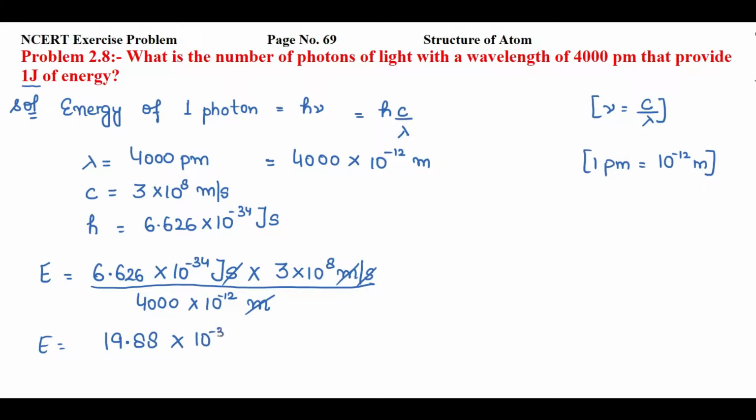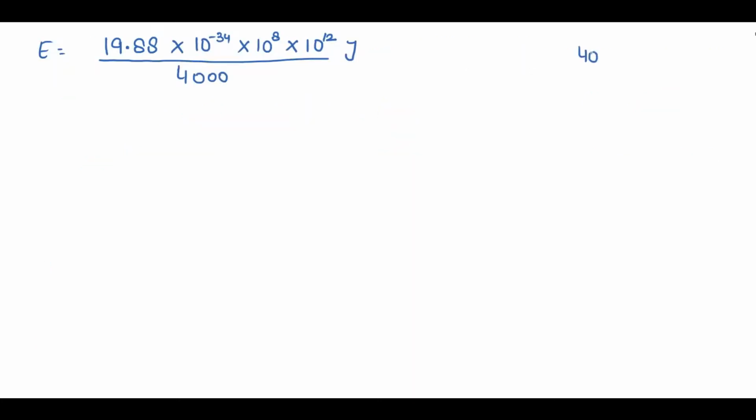Now we'll compile the powers. So 10 raised to power minus 34 into 10 raised to power 8. Now this 10 raised to power minus 12 is in the denominator with a negative sign. When I take this power to the numerator, it will change its sign. So it will be 10 raised to power 12, divided by 4000, and the unit is joule only. This 4000 can be written as 4 into 1000, and 1000 in scientific notation is 10 raised to power 3.